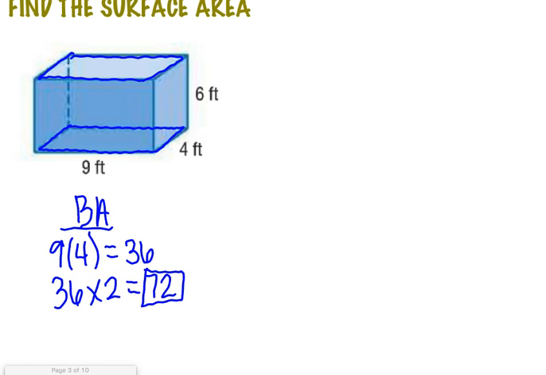And now we need to find the lateral area, the walls that build it up. Let's start with this front wall. What are the dimensions of that front wall? 6. So 9 times 6. 54. Then can we agree that front and that back wall are the exact same? So 54 times 2.